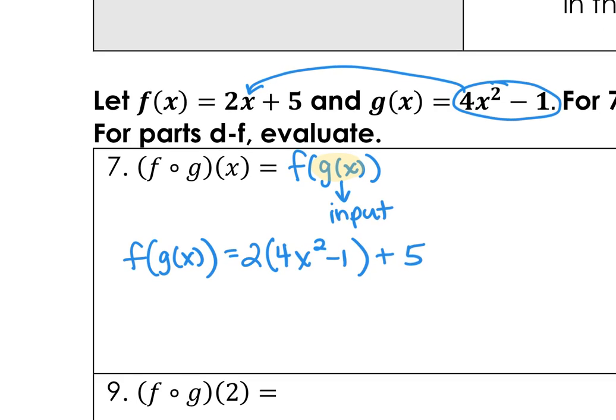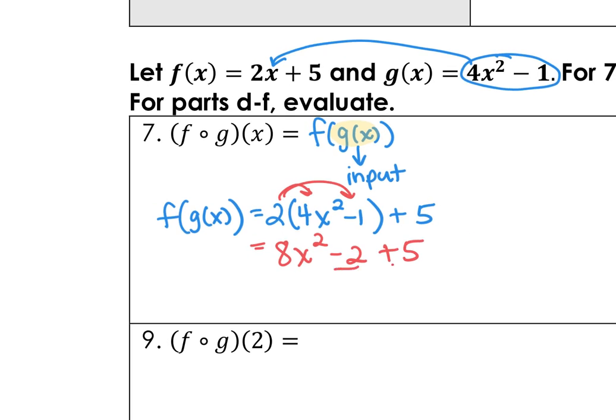So we distribute this, and this becomes 8x squared minus 2 plus 5. Combine these like terms. f of g of x is 8x squared plus 3.